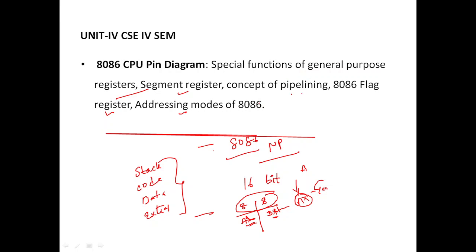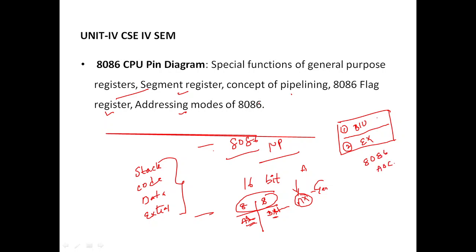Pipelining, in the sense that in the 8086 architecture, this architecture is divided into 2. This first part is called the bus interface unit, and the second part is called the execution unit. Totally we say it as the 8086 architecture.